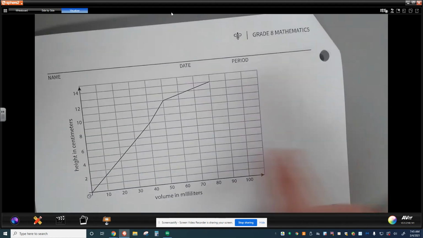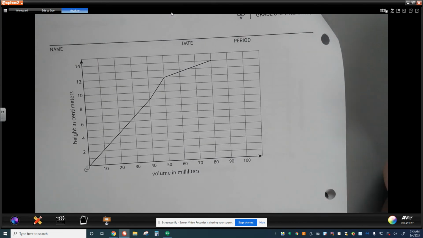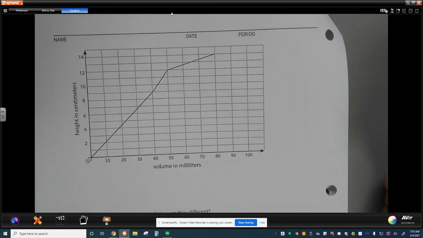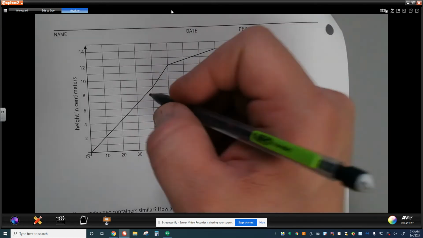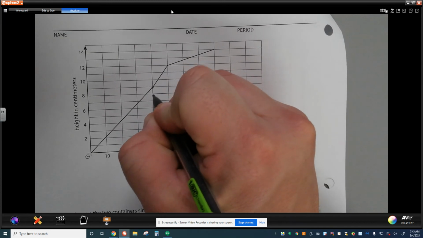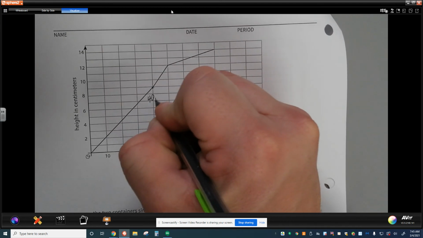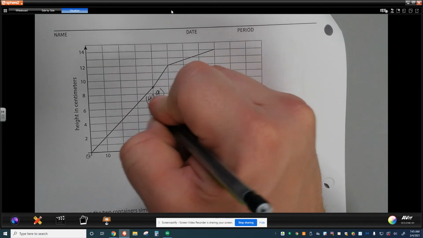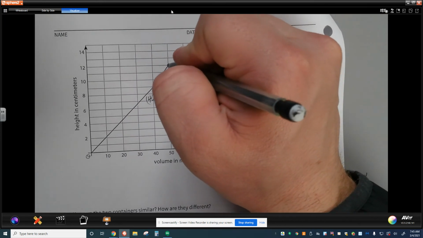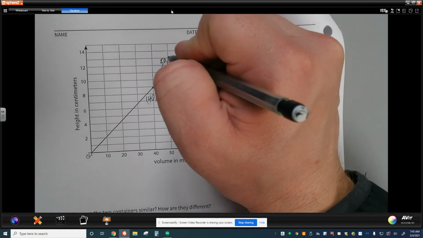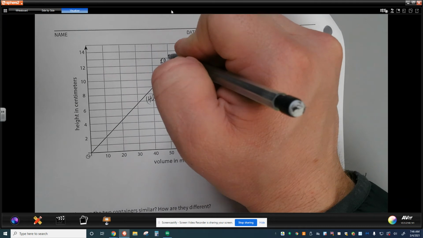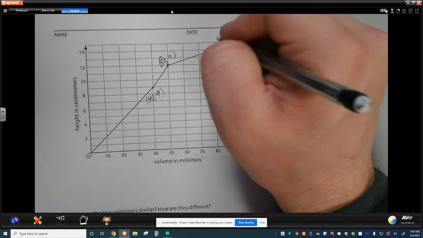So let's look at one more picture that actually has 3 segments, and you guessed it, that will be 3 different figures or 3 different pieces. This first ordered pair is 40 milliliters, 9 centimeters tall. 50 milliliters is 11 centimeters tall.